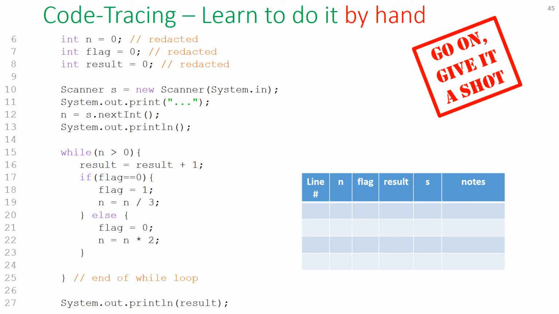Okay? So let's do the first one together. Line 6. How do I use those columns? Well, when I am done executing line number 6, so that's going to be my first row here, the only thing that changed in memory is n was assigned a 0. So whatever variable gets a new value, whatever variable changes or just gets created and initialized, you keep track of the value here.